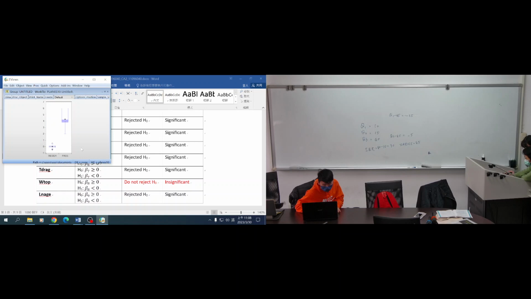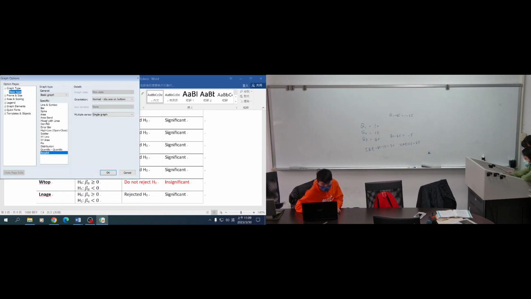How come you have this too? View. And then you need to choose the XY pair. Symbol, right? I think you need to choose XY pair.